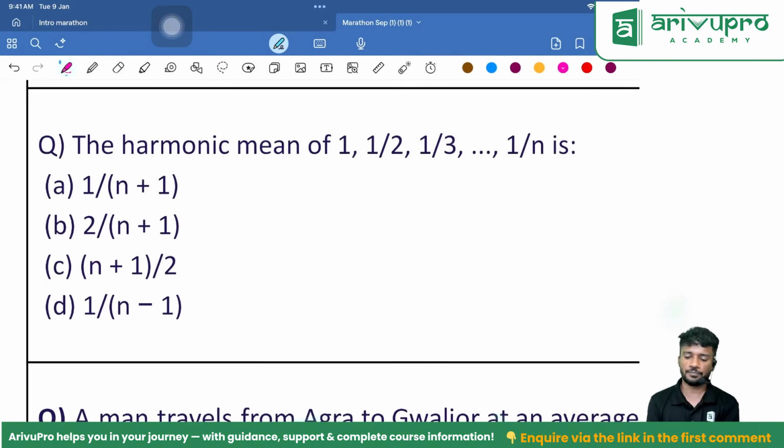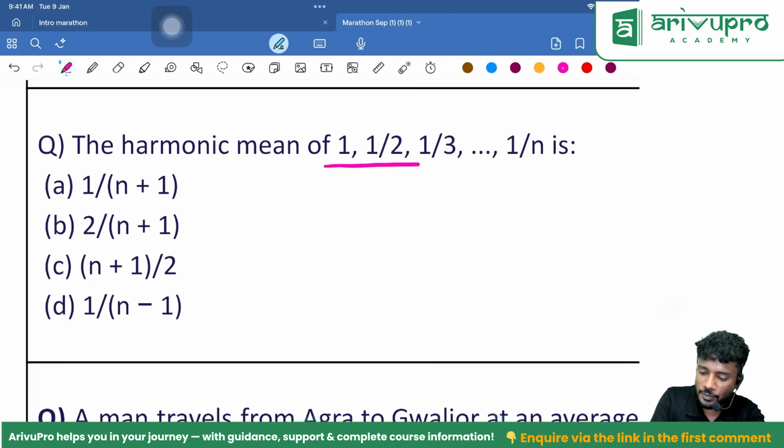Now look at this question. Very interesting question. Harmonic mean of 1, 1 by 2, 1 by 3, etc., up to 1 by n. Now we know harmonic mean is nothing but the reciprocal of the arithmetic mean of reciprocals. So we are going to find the reciprocals.